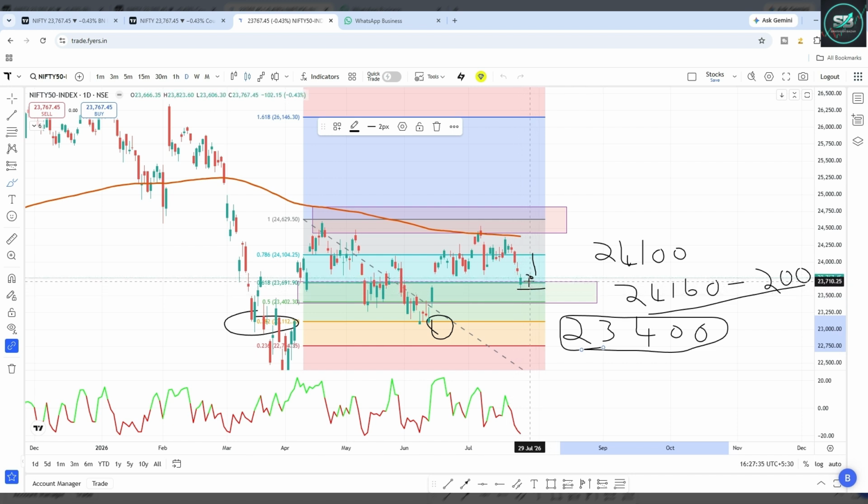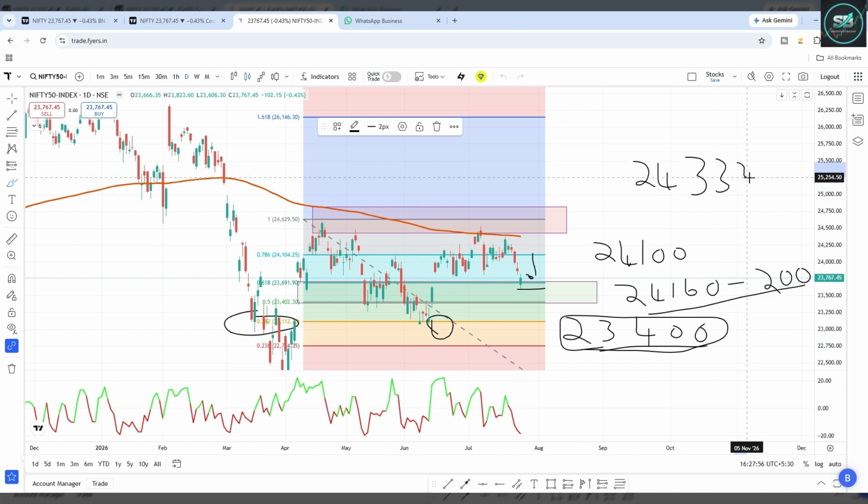Good buying has emerged today with 23,400 as our SL. We can attempt a long in Nifty for the first target of 24,160 to 200, and the next target will be 24,333 to 400 for the upside in Nifty.